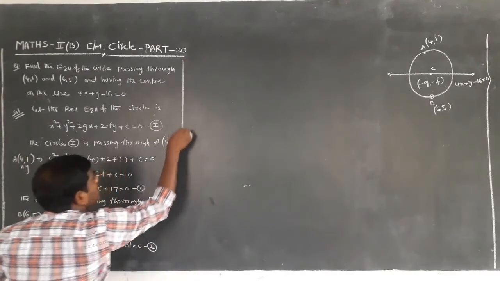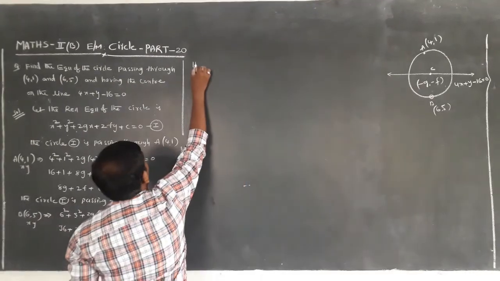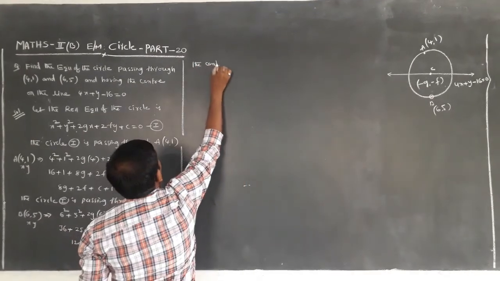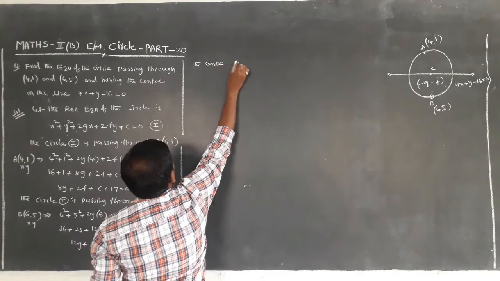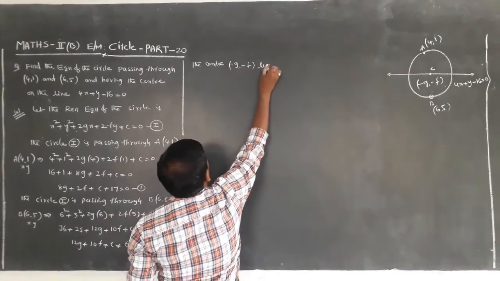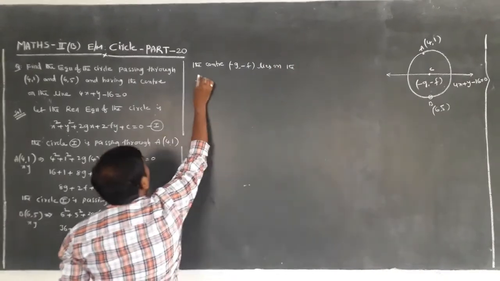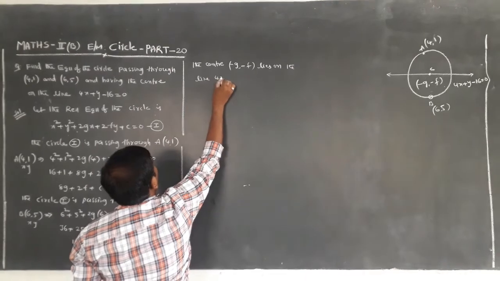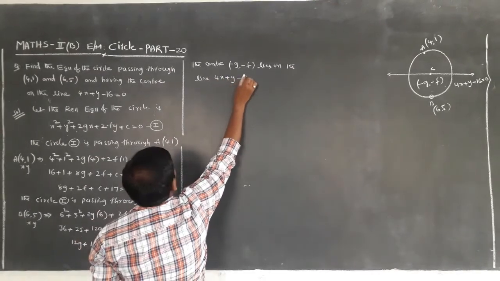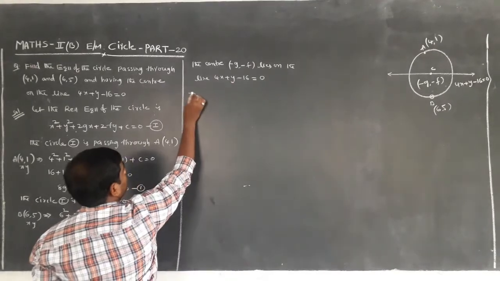Again, the center of the circle lies on the line. The center (-g, -f) lies on the line 4x plus y minus 16 is equal to 0.